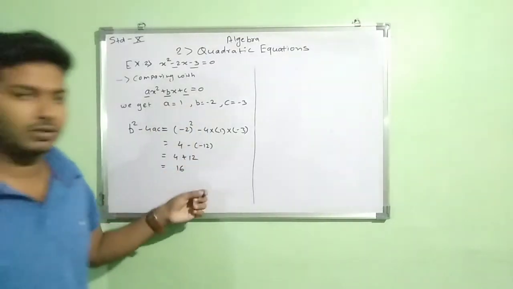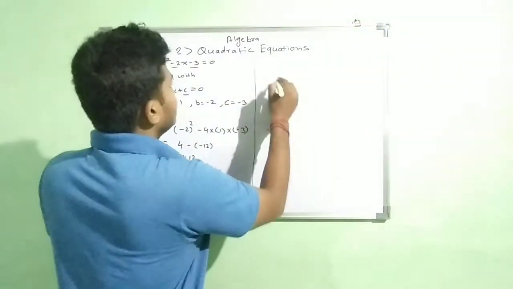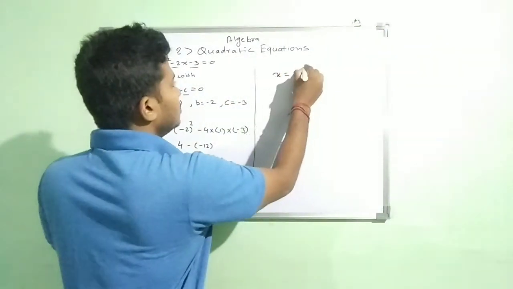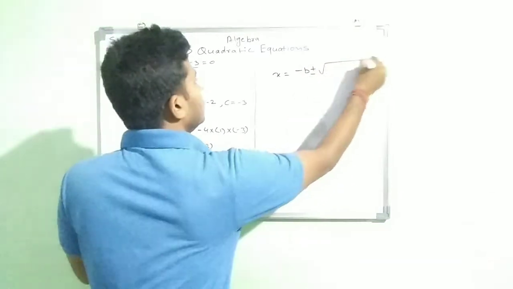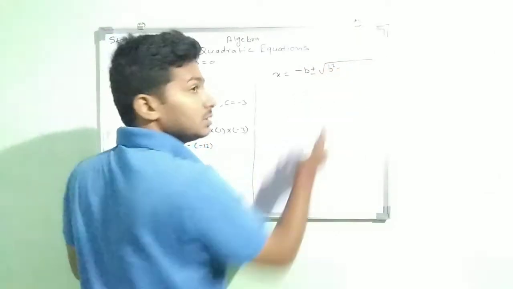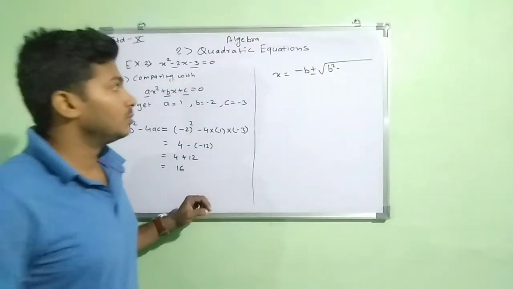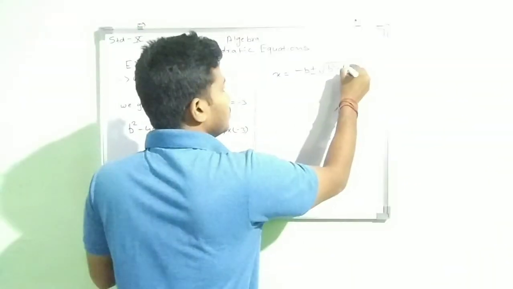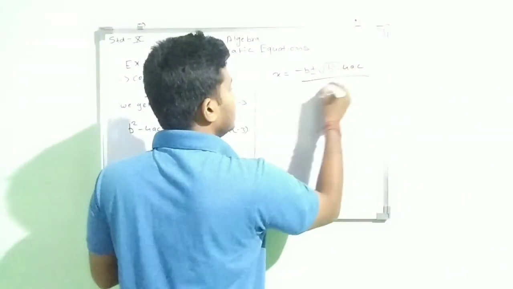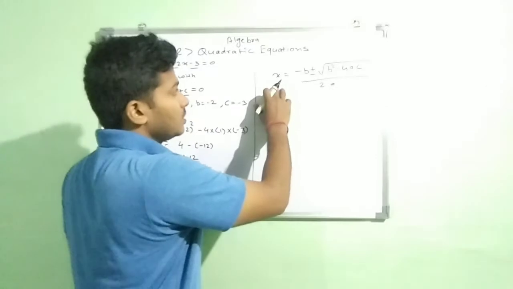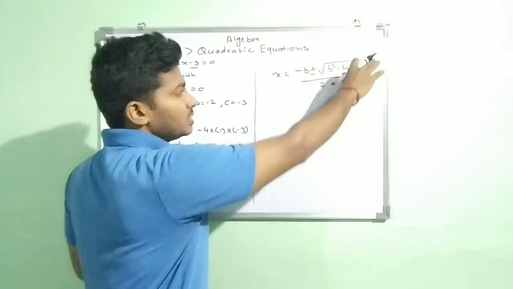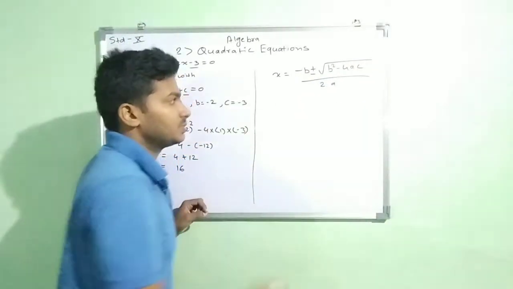Now we substitute in our formula. x is equal to minus b plus or minus under root b square minus 4ac upon 2a. Now we have to substitute the values.